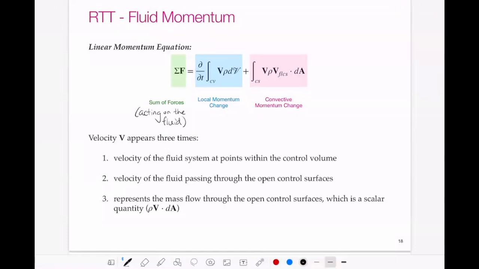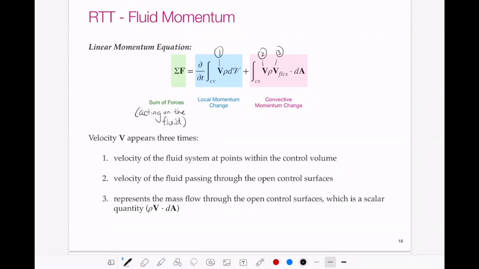So the momentum change due to a change in position, and that position is either entering or exiting some control surface. Here the velocity term appears 3 times: 1, 2, 3.